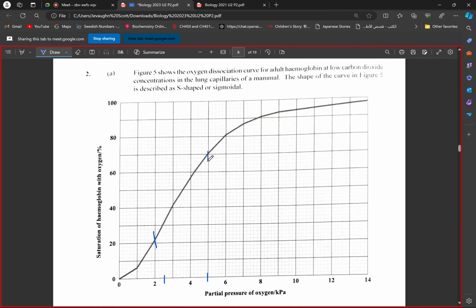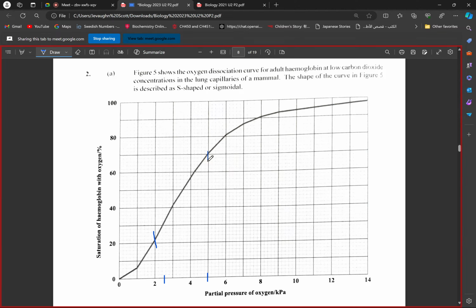Let's read the question once more. It says to explain the importance of the curve between these areas in mammals, right? Are we looking at that if there's a small decrease in oxygen partial pressure, there's a steep drop, right? So between these areas, right? Let's get the markings back real quick.